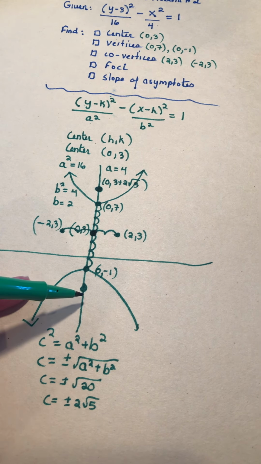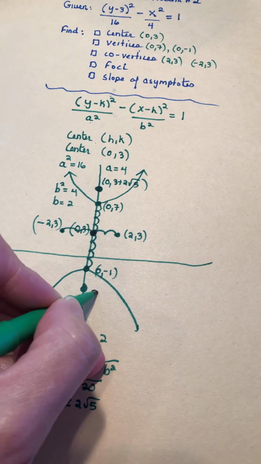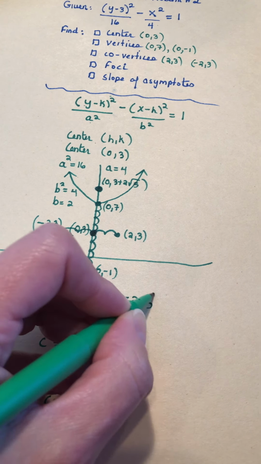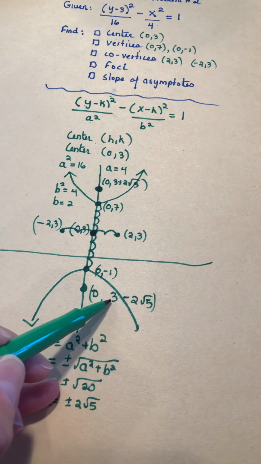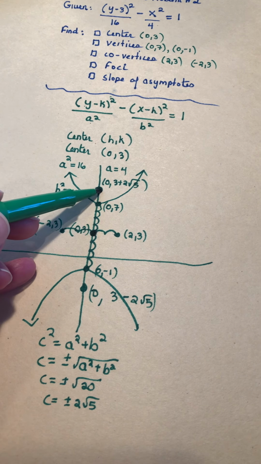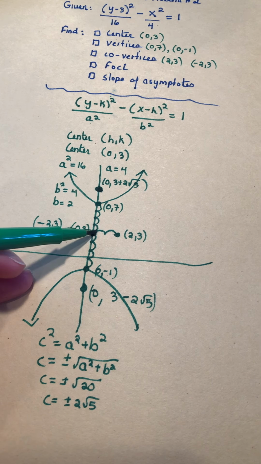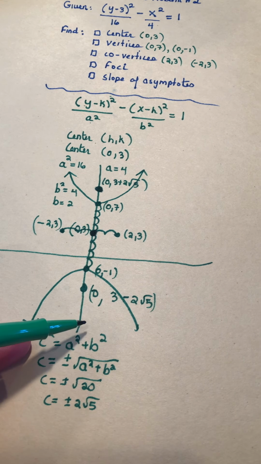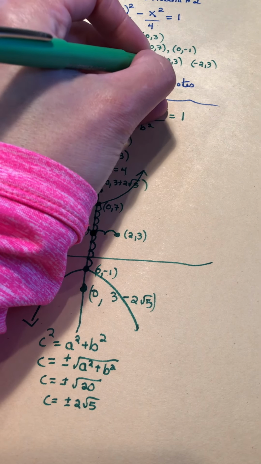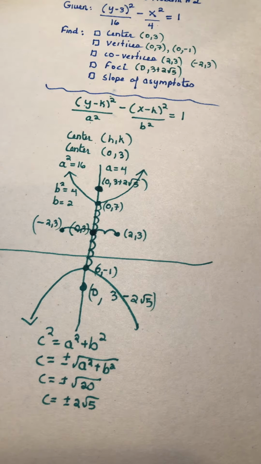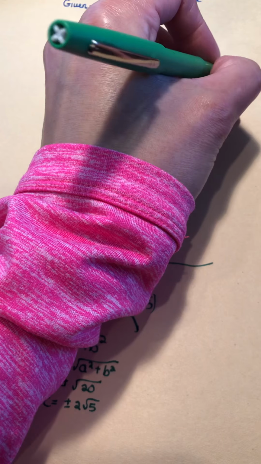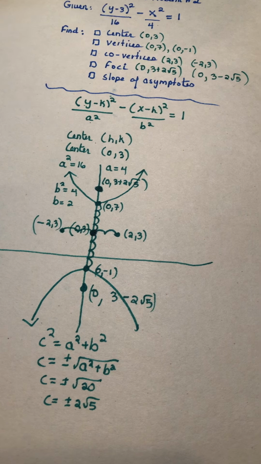So this is going to be 0, 3 minus 2 root 5. And I know that's a weird answer, right? But that's what you're doing from this y value, you're going up 2 root 5, and here you're going down 2 root 5. So my foci are located at 0, 3 plus 2 root 5. Okay, that's 1 point. And the other one is 0, 3 minus 2 root 5. I'll move my hand out of the way so you can see that.